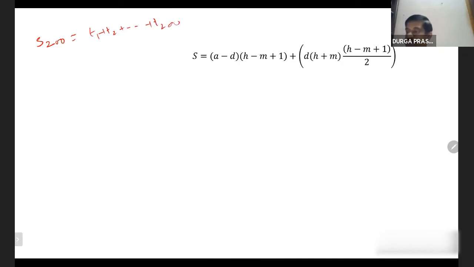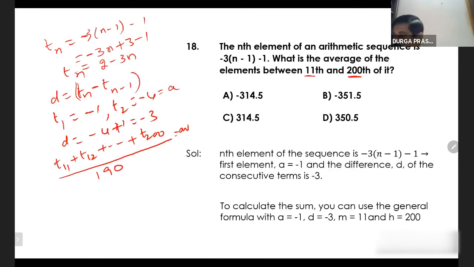But H is written as 11 onwards, so H starts from 11. If I take H as 200, that means the sum to 200 terms minus the sum to 10 terms will give you the sum of T11 to T200.